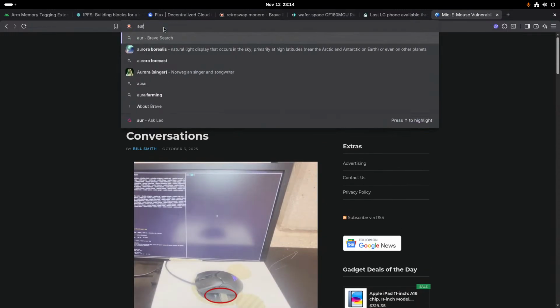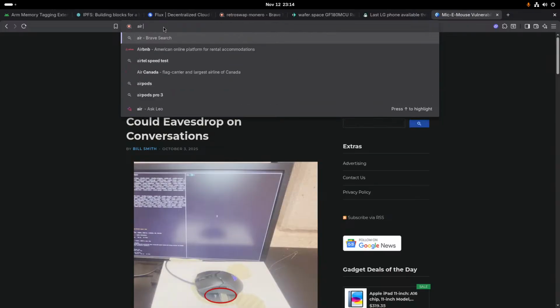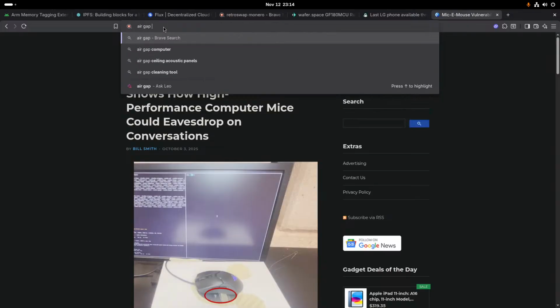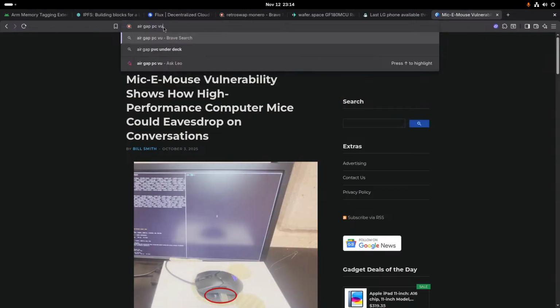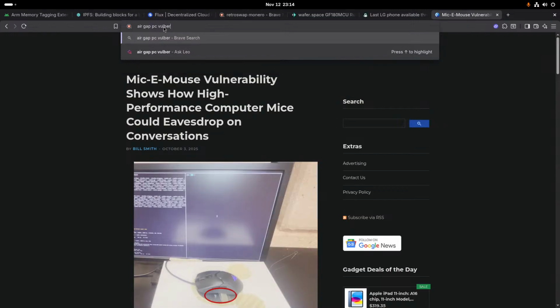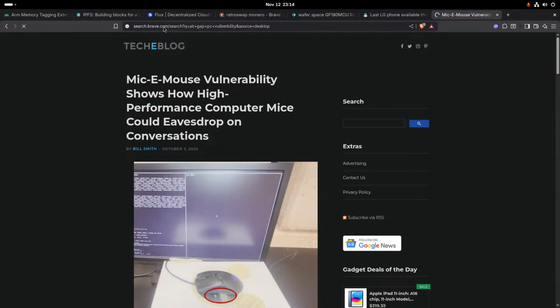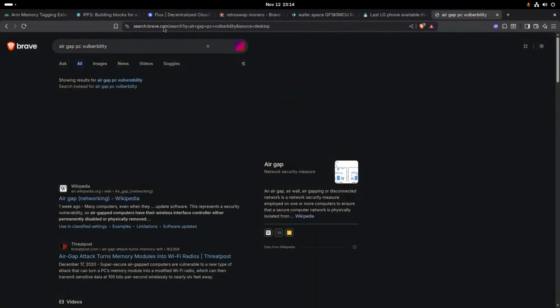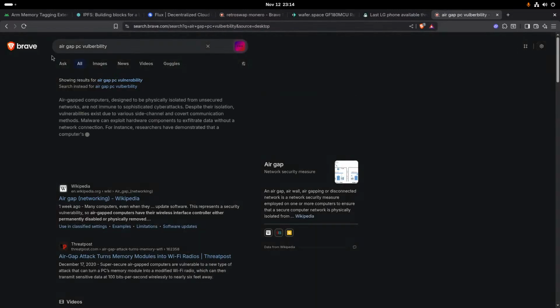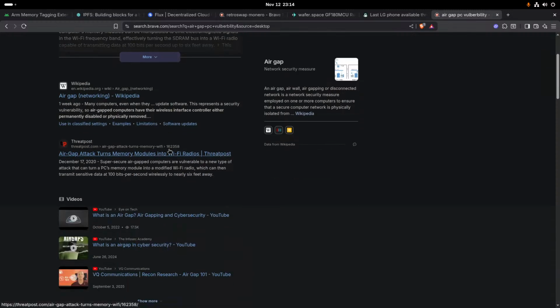There's the air gap. There was a complete air-gapped PC that they got to compromise through a memory module.